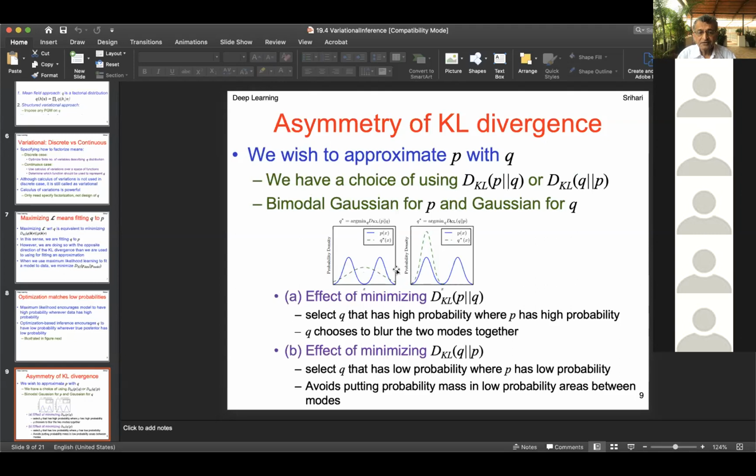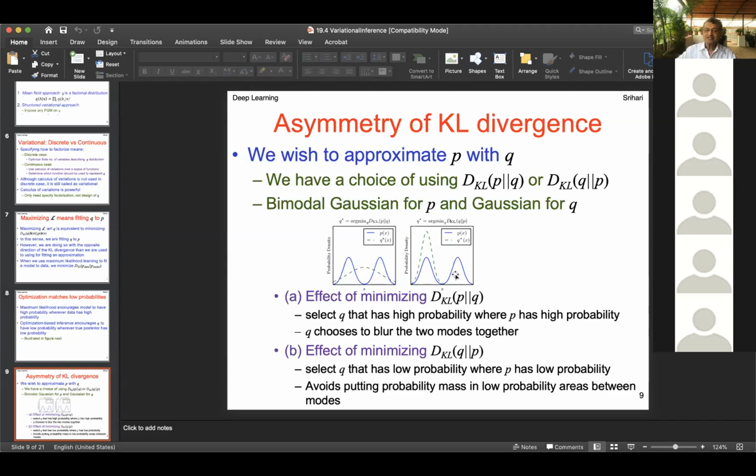And then we have, this was using DKL(P||Q). So to minimize that, it's going to find you this particular dotted line. So it's the best possible Gaussian for this bimodal Gaussian. But if you chose DKL(Q||P), it's going to find this Gaussian instead of the other one.